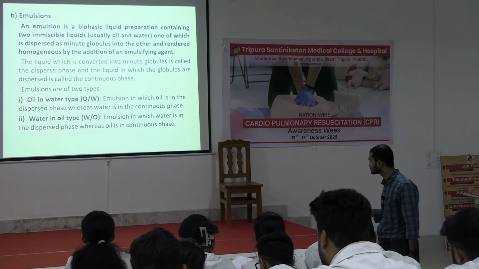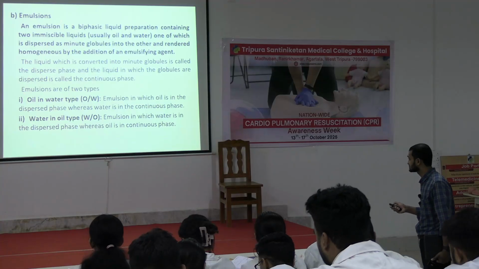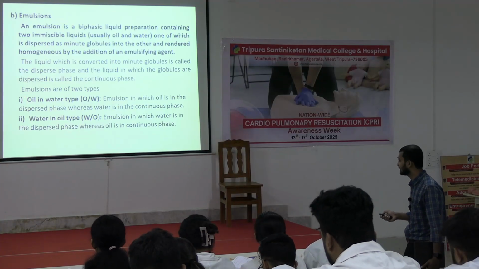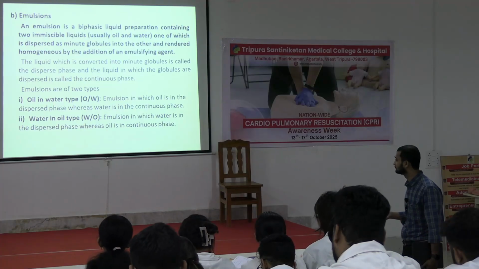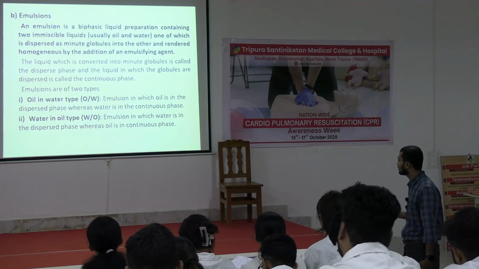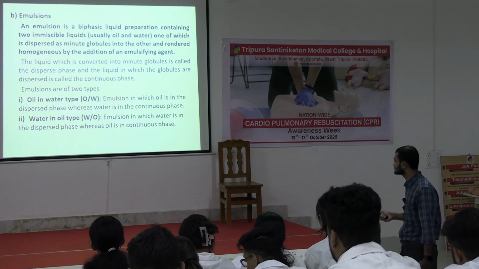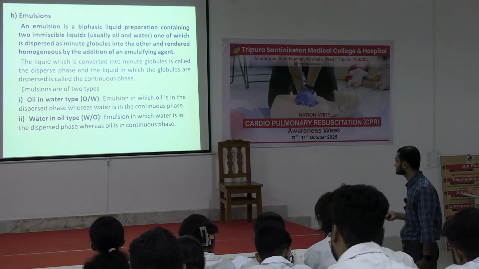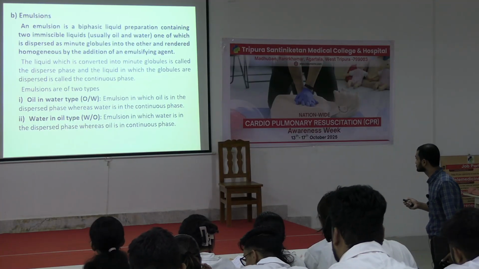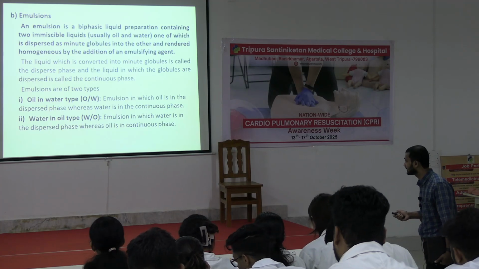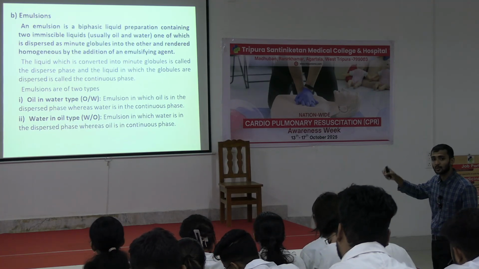Okay, so these emulsions are of two types. When we add oil in water, this is O/W type emulsion, in which oil is in the dispersed phase, whereas water is in the continuous phase. So these minute globules are the oil when I am adding oil in water.